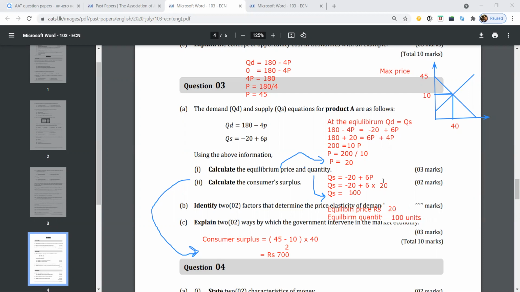Right. And there is a mistake here also. Price is 20. Quantity is 100 units.